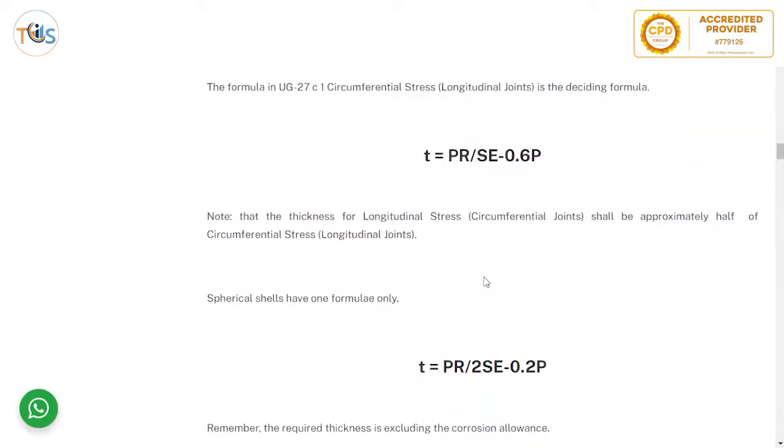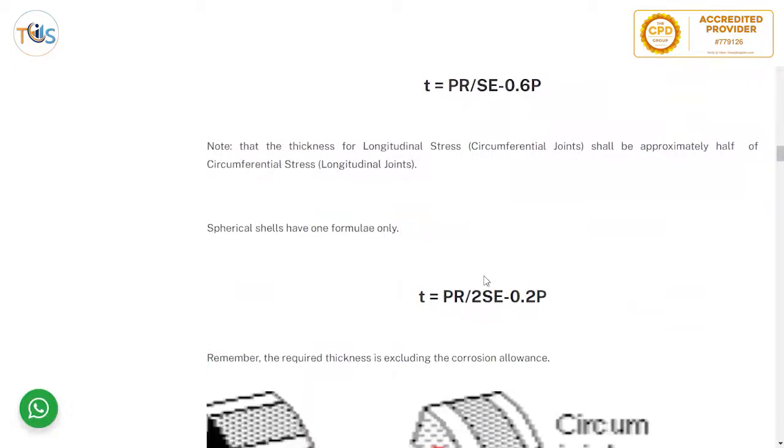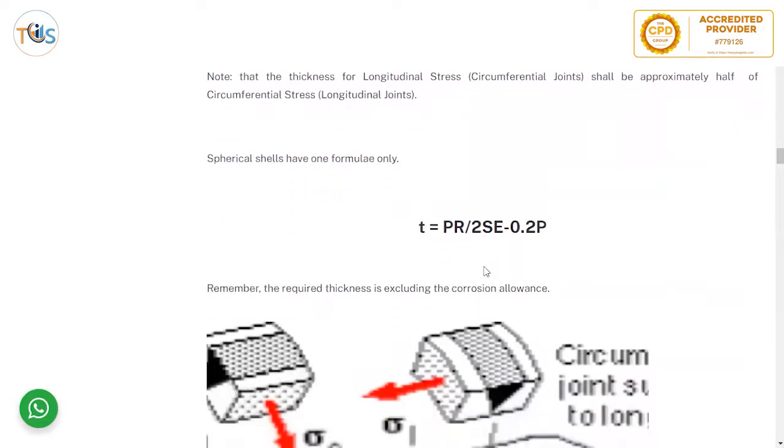Now, why is that the case? Because the longitudinal joints are under almost twice the stress of the circumferential joint. This is the formula for the circumferential joint, and this is the formula for the longitudinal joint.